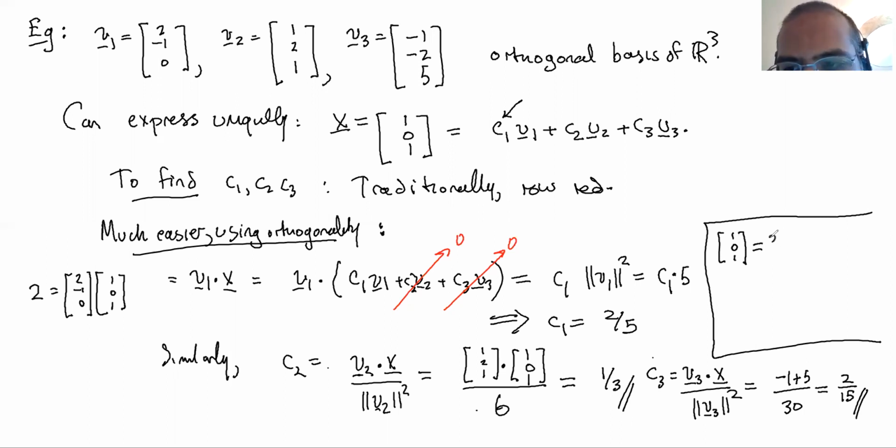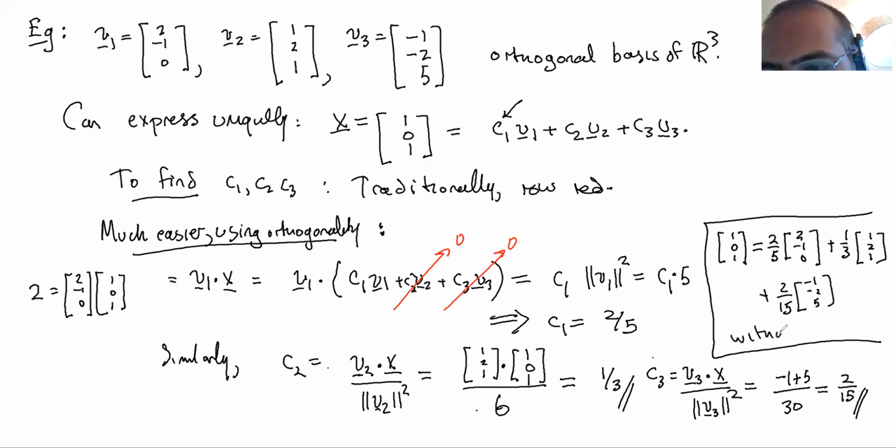So you get 2/5 times the first vector, plus a third times the second vector, plus 2/15 times the third vector, without row reduction. And actually something much easier, right? Just some basic arithmetic.